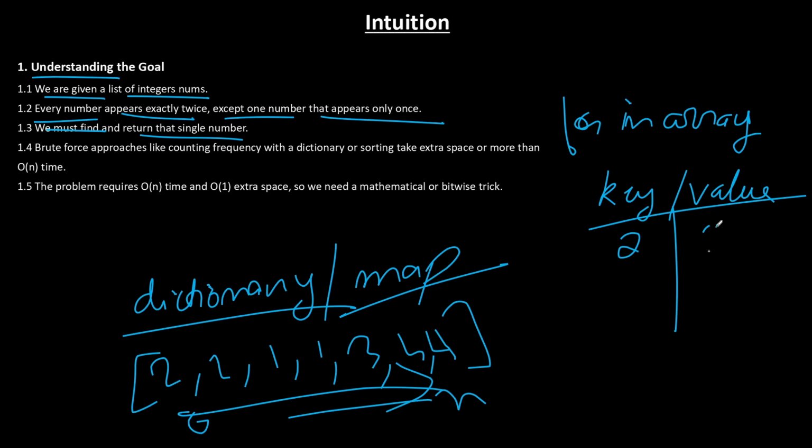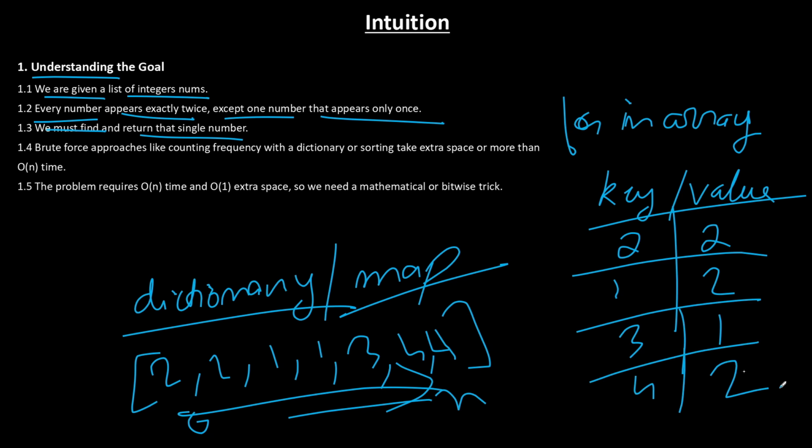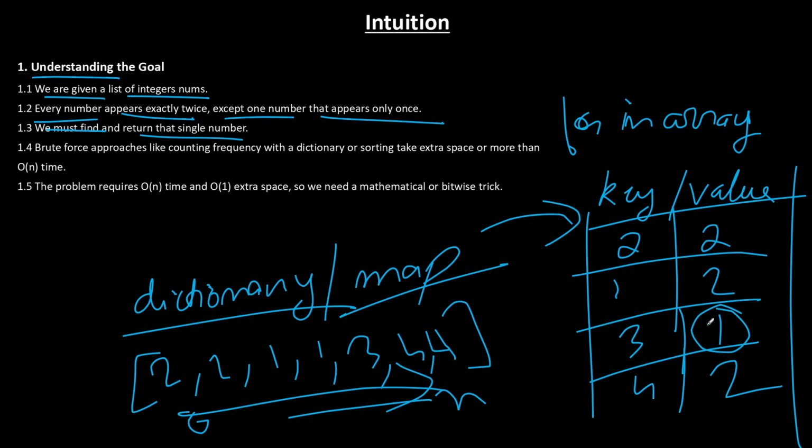2 count is 2 times, 1 count is 2 times, 3 count is 1 time, 4 count is 2 times. So we could store the count or frequency of each integer in the dictionary, and then check in the dictionary whose value is only 1. Whosever value is 1, we will return its key, which is 3.